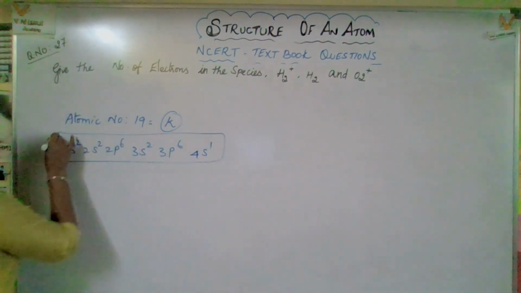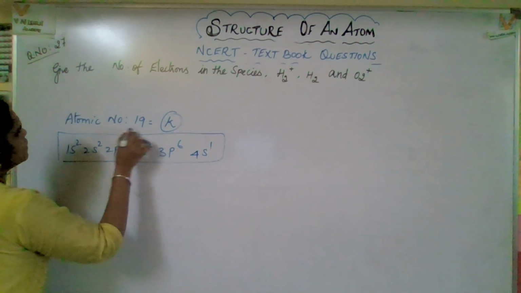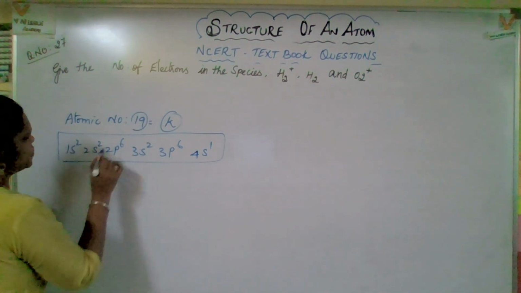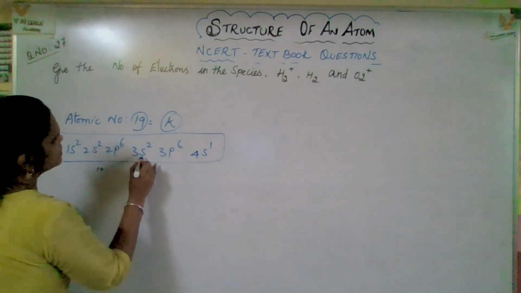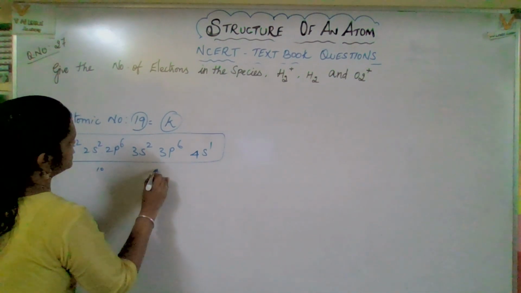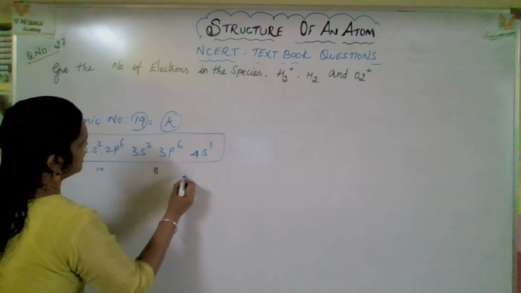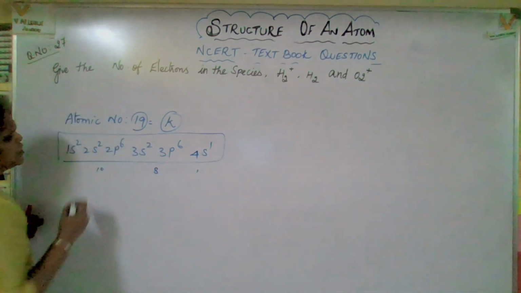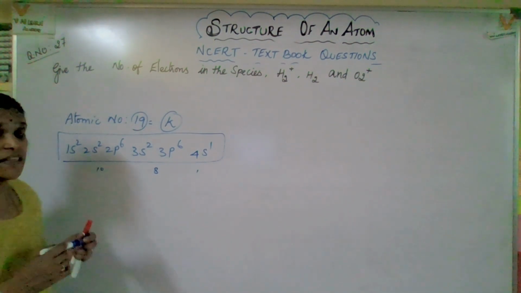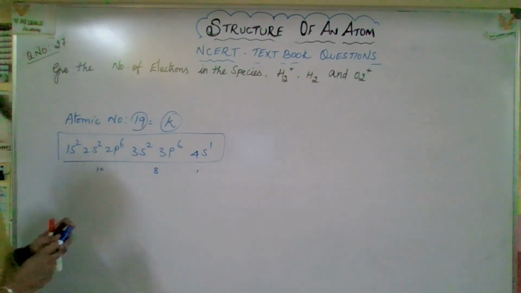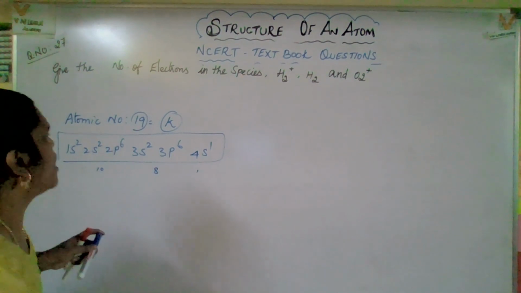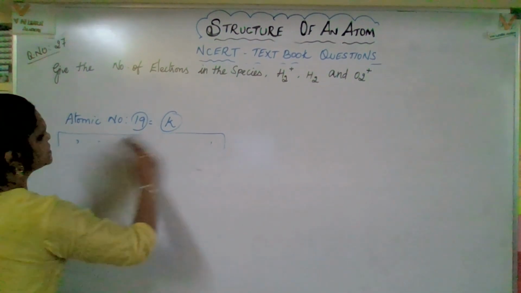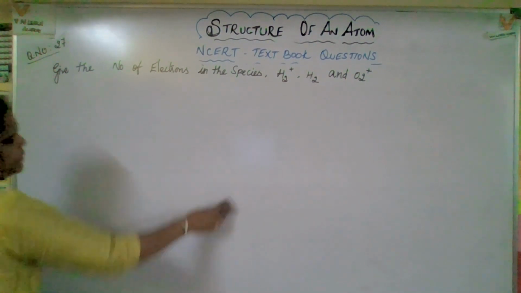What is this? Atomic number 19. 1s2, 2s2, 2p6, this is 10. And 3s2, 3p6, it's 8. So 18 plus 1, it's 19. So atomic number 19 is potassium. I hope you got a clear idea how to fill the electrons in those orbitals.